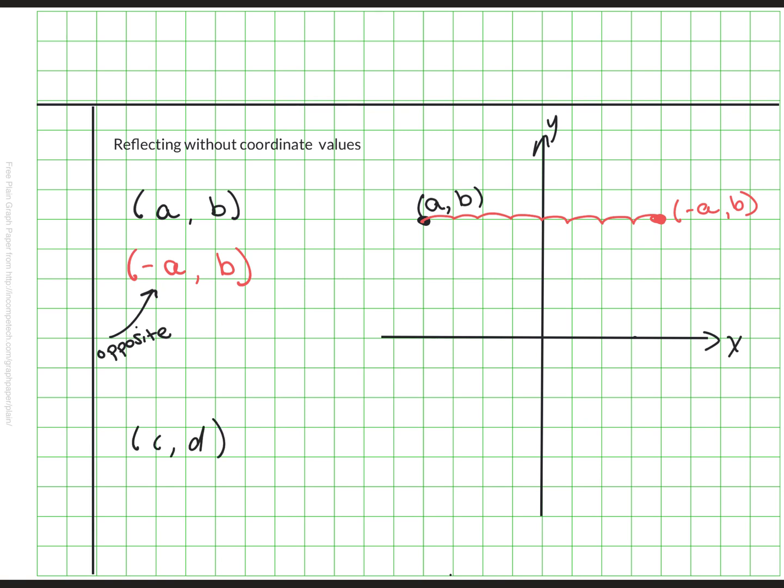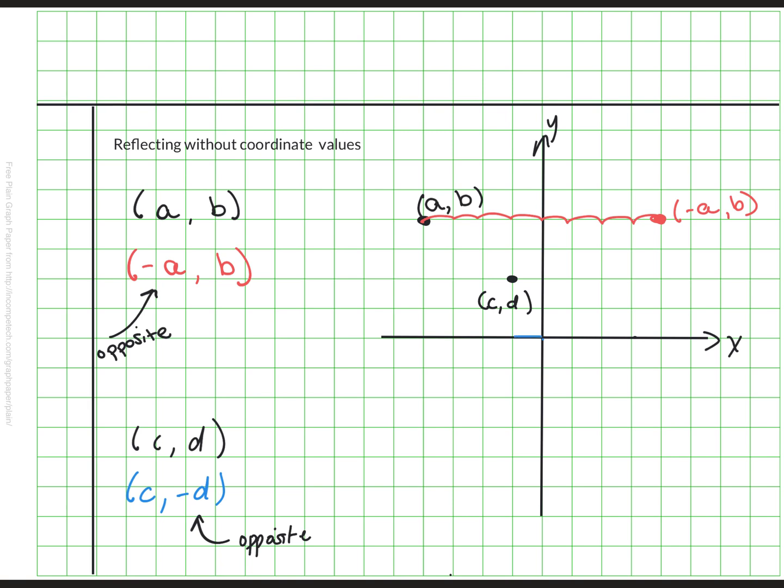I've substituted letters again, this time C, D, and let's just imagine C, D is here, again randomly in the second quadrant. I'm just kind of picking randomly here. And this time I want C and the opposite of D. So starting at the origin, at the center, C doesn't change, so I'm still going to go the same distance here.